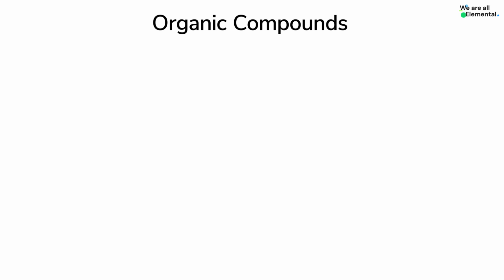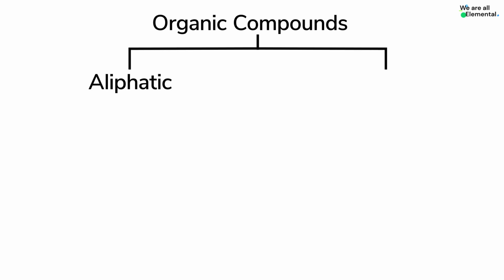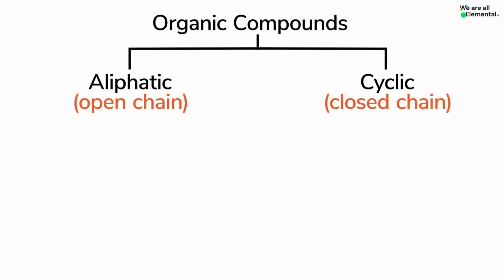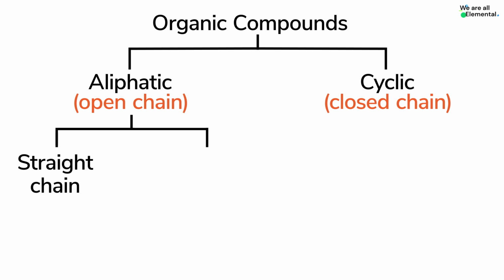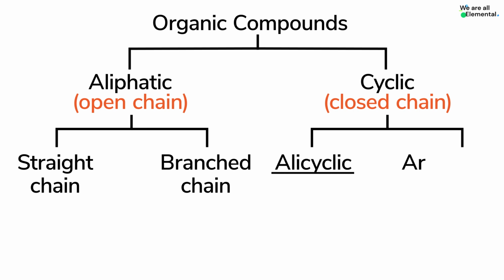Organic compounds are broadly classified into aliphatic or open chain compounds, or cyclic, that is, closed chain compounds. Aliphatic compounds are further classified into straight chain and branch chain. The cyclic compounds are further classified into alicyclic and aromatic.